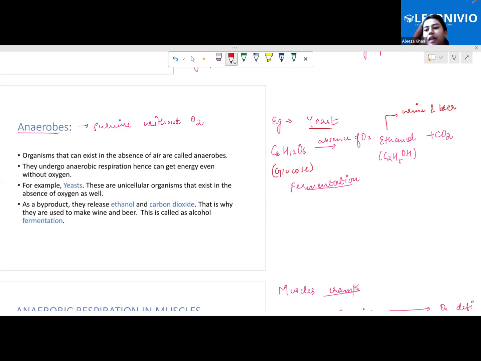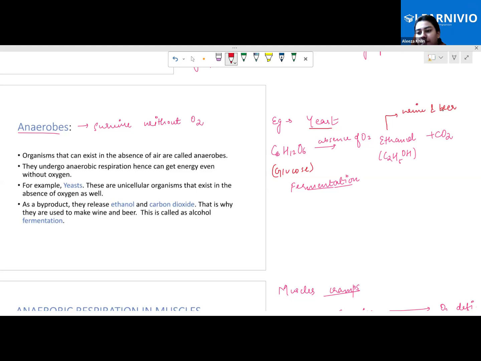Is consumption of alcohol good for the health or bad for the health? It's bad for the health. Why? There must be a logic behind it if it is harmful for the body. It can damage your liver.